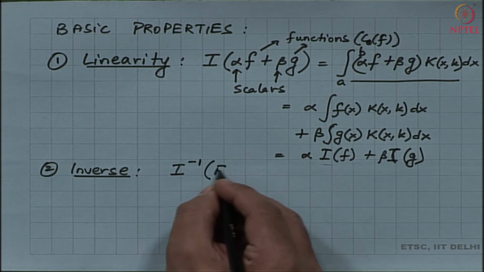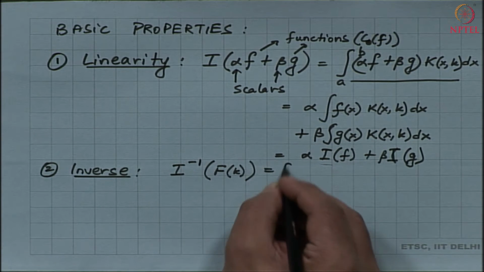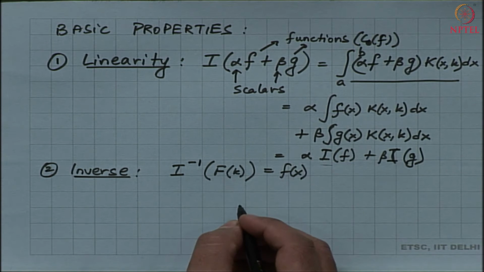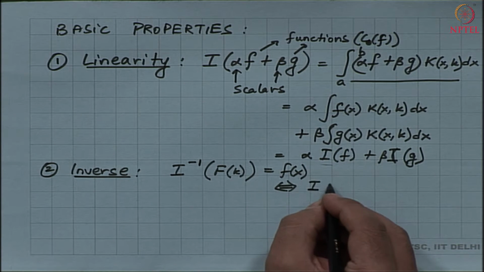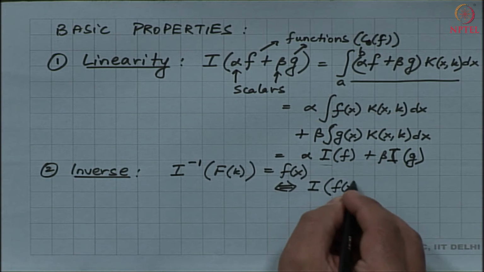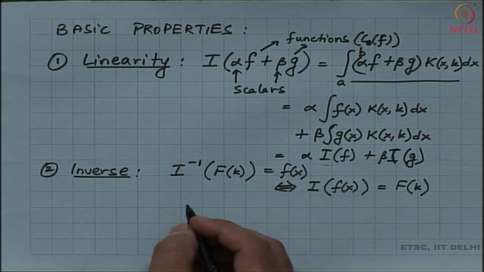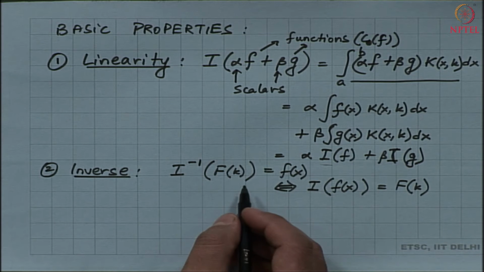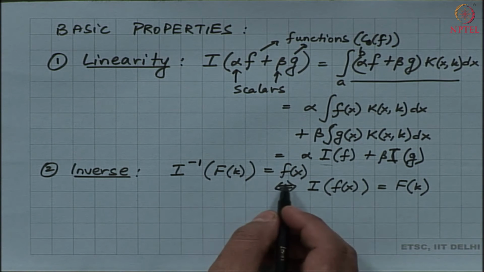So, I inverse of F of k is defined to be the original function f if and only if I of f of x is the function capital F of k. That is the usual definition of inverse that we have. So, for each integral operator the inverse must exist.